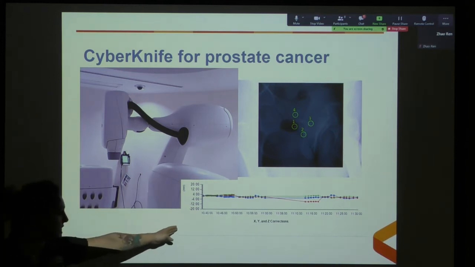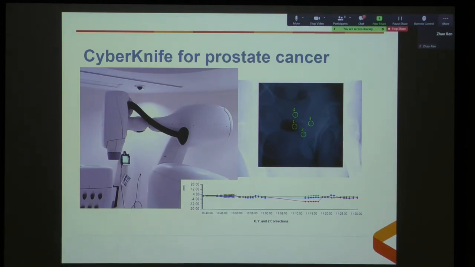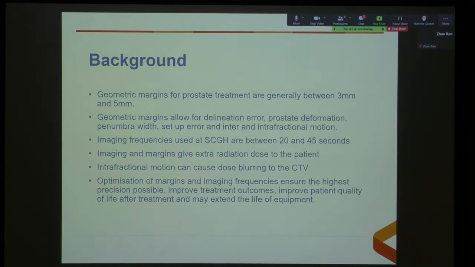And down here is just an example from one patient that had a fair bit of movement of the corrections that are being made by CyberKnife during fraction delivery. So at the moment, the CTV to PTV margins are usually between 3 and 5 mil, and this is based on the current literature.